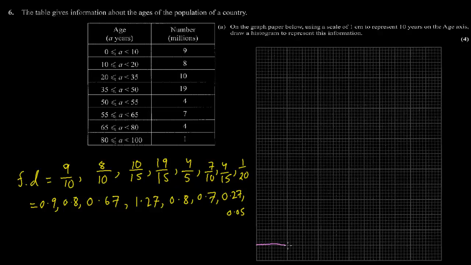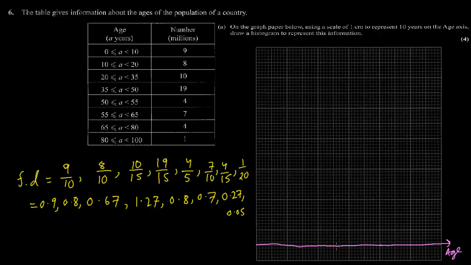So the x-axis is this. And let's label this age. This is the x-axis. And we need from 0 to 100, and every square is 1 centimeter. So 10 represents 1.